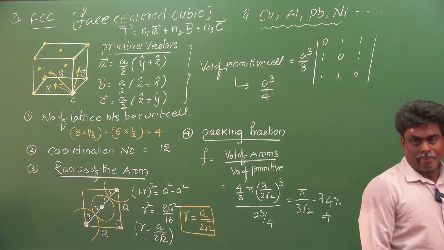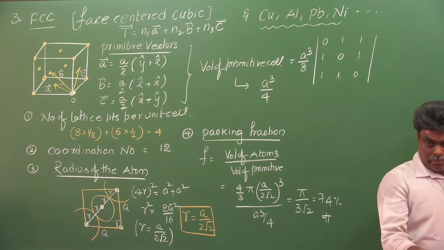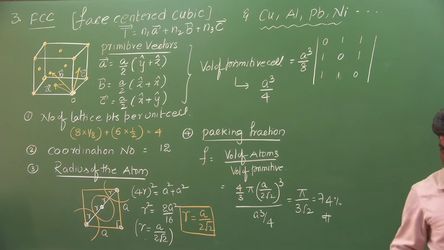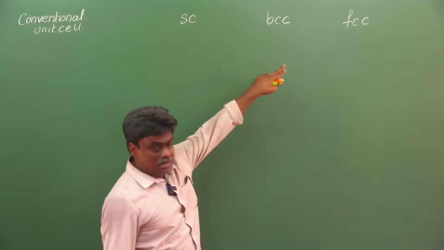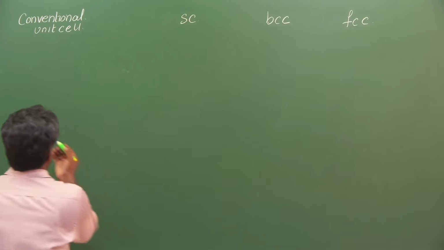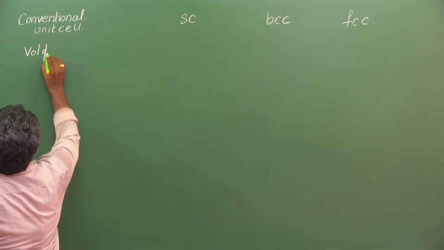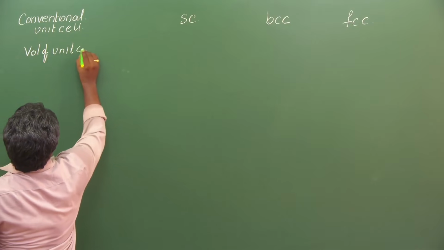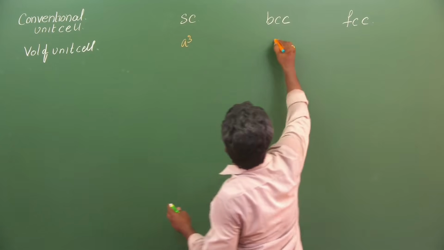Ready? Let us take a table with some more information. Whatever we have done till now, let us take a tabular form. So this is the conventional unit cell, simple cubic, BCC and FCC. First one, volume of unit cell. Volume of unit cell in all the cases it is a cube.